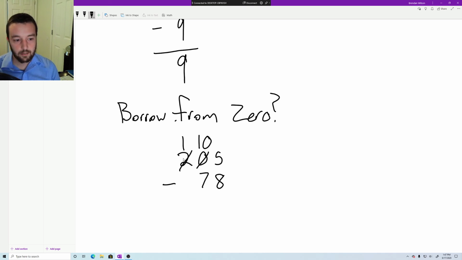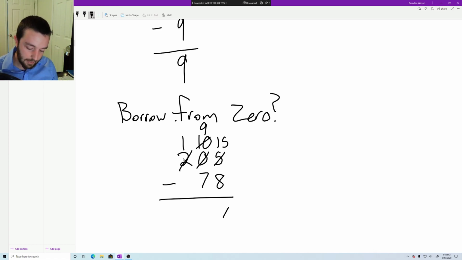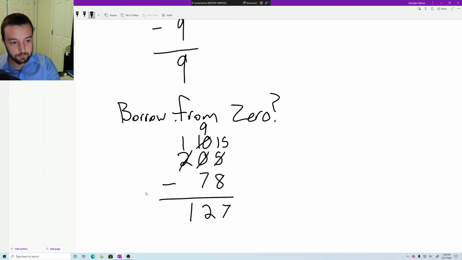Now we can borrow from that 10 to bring it over to the ones to get 15. So first we borrow from the hundreds, then we borrow from the tens. And now we can do the subtraction as we normally would. 15 minus 8 is 7. 9 minus 7 is 2. 1 minus nothing is 1. So the answer is 127.